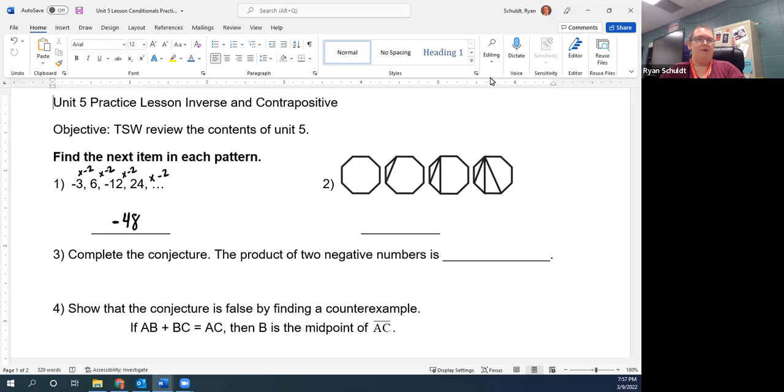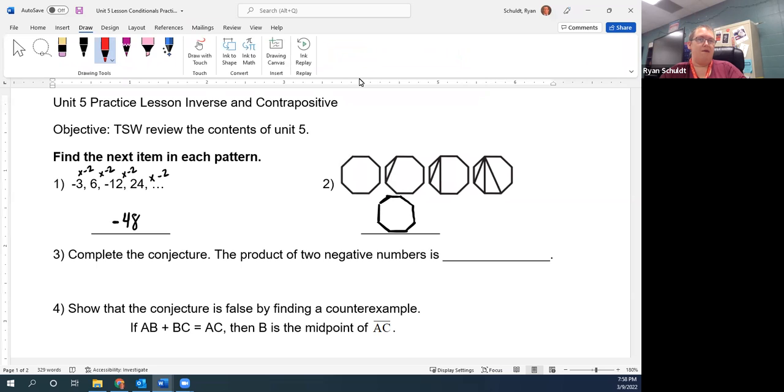Okay, so now we have this octagon with diagonals drawn through it. So let's try our best attempt at drawing an octagon. Good enough.